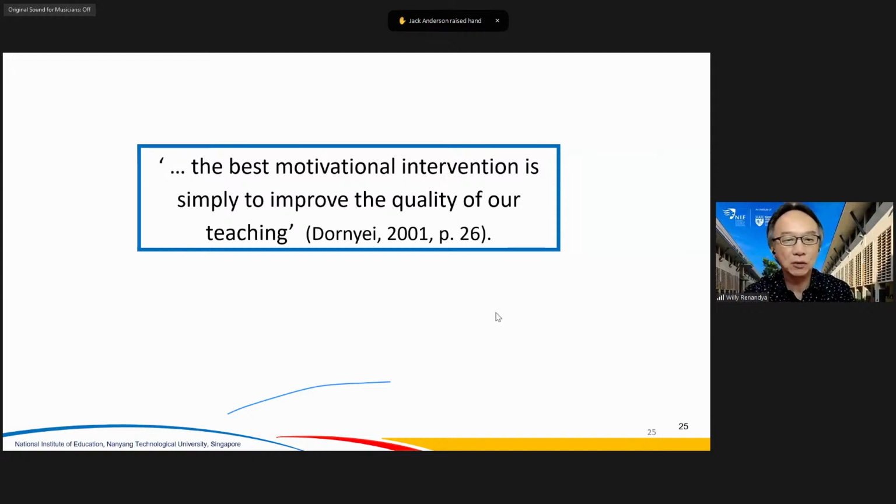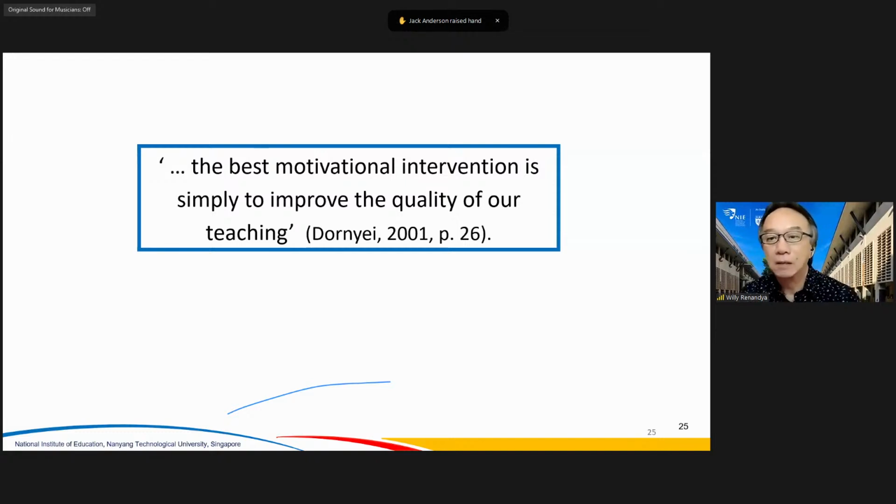But you have to make sure that your teaching is of high quality. You have to make sure that your teaching is one that the students can relate to, one that the students really feel excited about, one that will make your students say, teacher, I like your lesson very much, and I want to come again to your lesson tomorrow morning. That is the biggest source of motivation that can happen in the classroom.